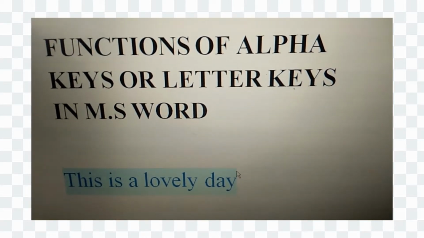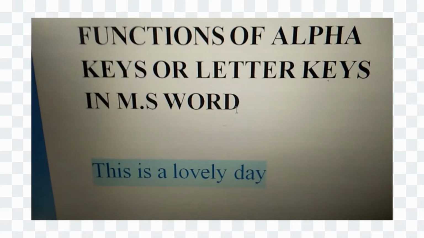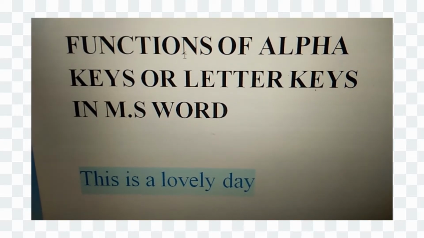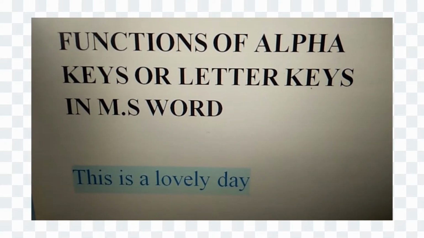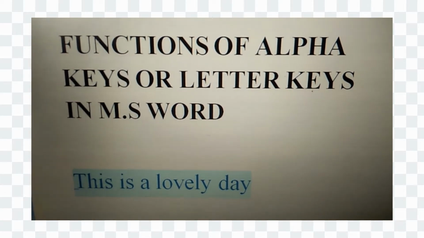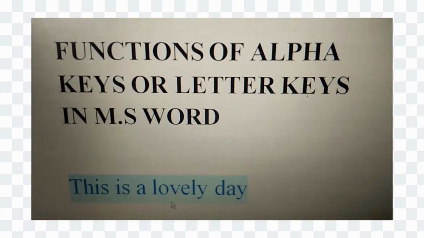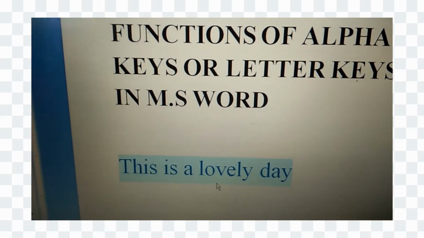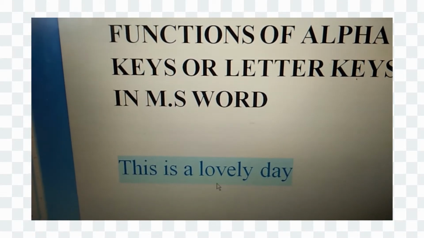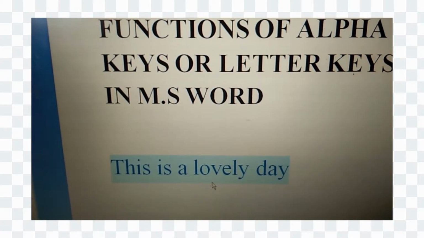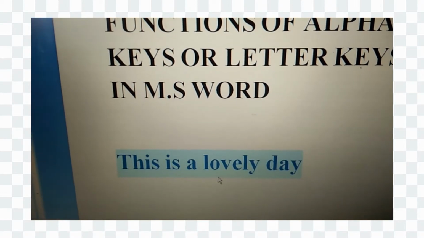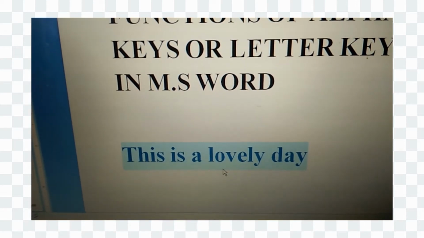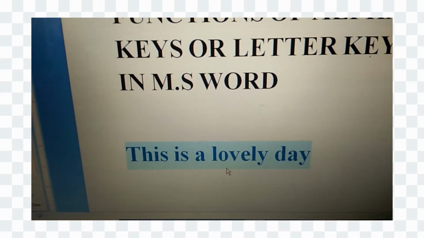If you want to make your work, your typing, more darker or to look bold, you use Ctrl plus B. So look at this sentence. I've already highlighted this, or I've selected it already. So if I want it darker or I want it to look bolder, I'm going to use Ctrl key plus B. So watch, Ctrl plus B. If you look, the writing is more bold, or it's darker than it was in the first place.